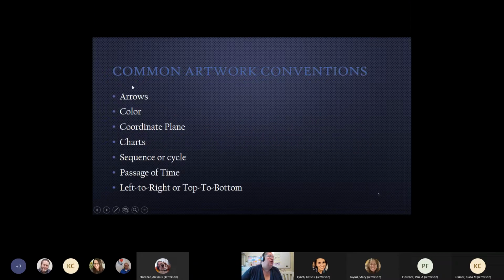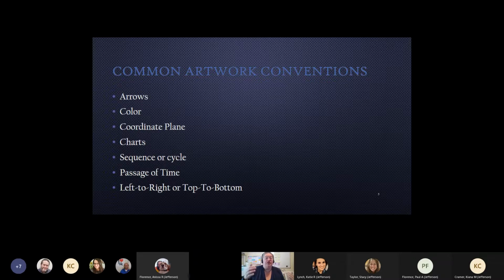So Lori Garrett outlines a bunch of these common artwork conventions that publishers use. They use arrows, they use color, they can use the coordinate plane, they can show things in a cycle or a sequence, they can use charts and graphs, they can try to set up a figure to show the passage of time.